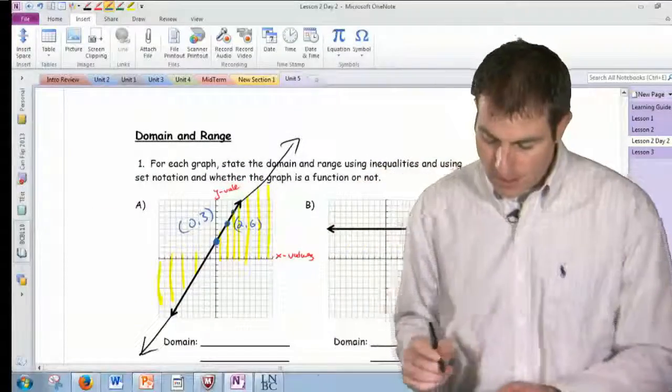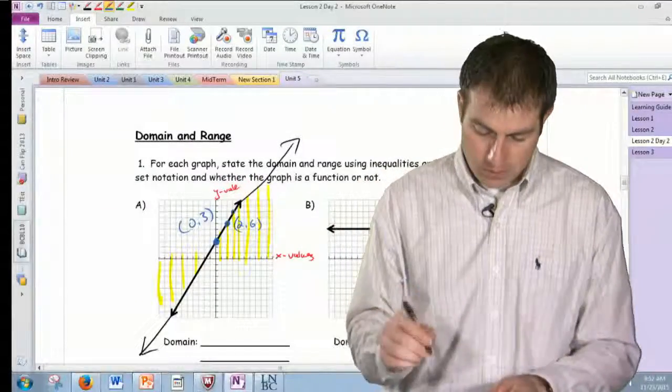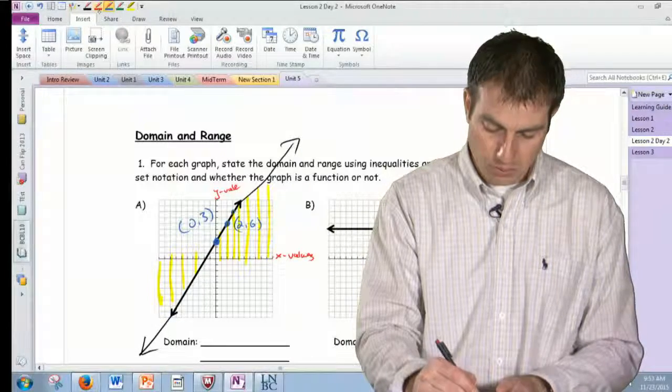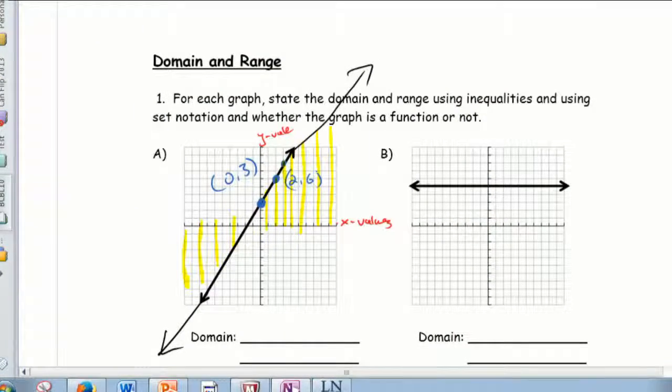So when we write down the domain for something like this, there's a couple different ways we can write it. We can write the domain as all real numbers, and all real numbers, if you remember back to, I guess it was unit 2, we talked about real numbers, the real number system.